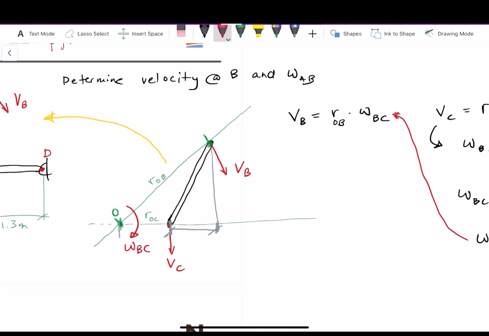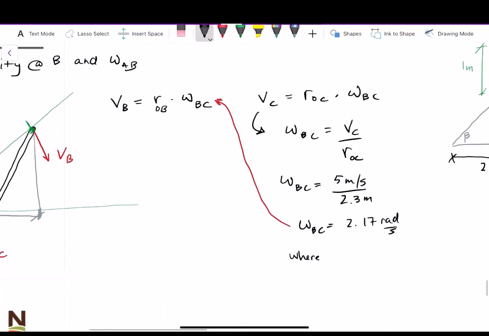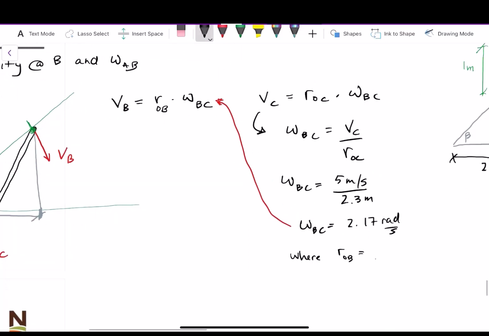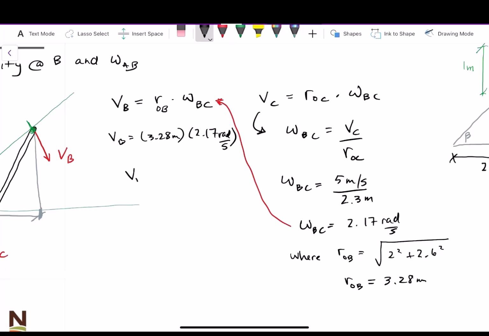So ROB is equal to the square root of 2 squared plus 2.6 squared. So ROB is equal to 3.28 meters. So we sub that in, we have 3.28 meters times 2.17 rads per second. So VB is equal to 7.13 meters per second.